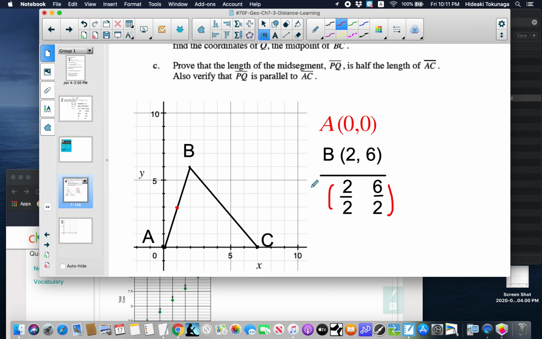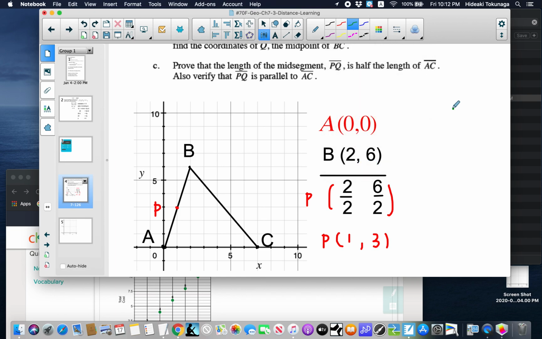It's called P, right? So P is 2 divided by 2 is 1, and 6 divided by 2 is 3. Let's look at the picture. 1 and 3, so that's midpoint P. I write down P here. I use the green marker.